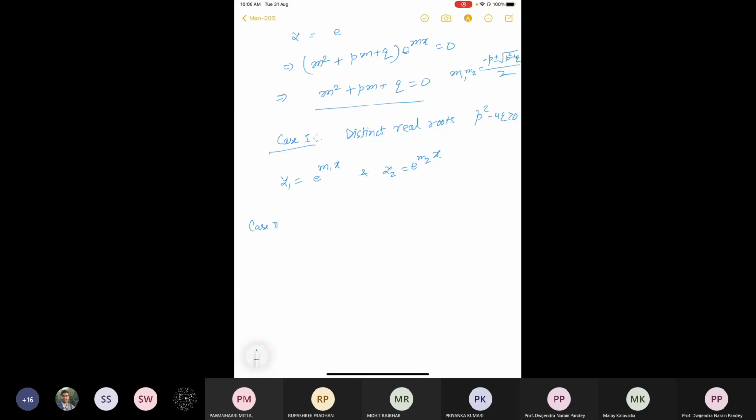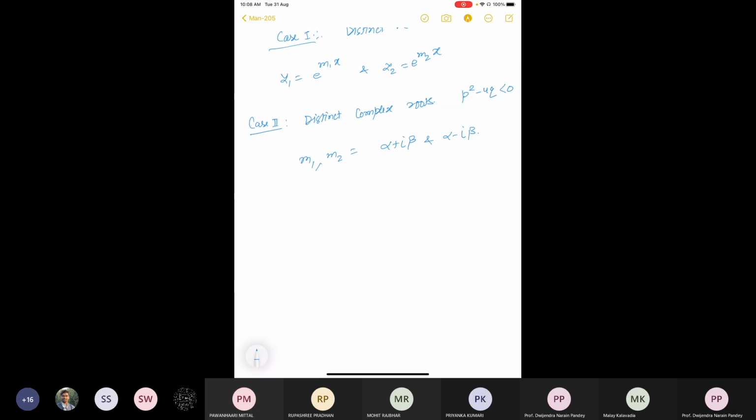Case 2. This was the last thing we were discussing here. We have distinct complex roots, so p squared minus 4q is strictly negative. In this case m1 and m2 will be alpha plus i beta and alpha minus i beta, so complex.